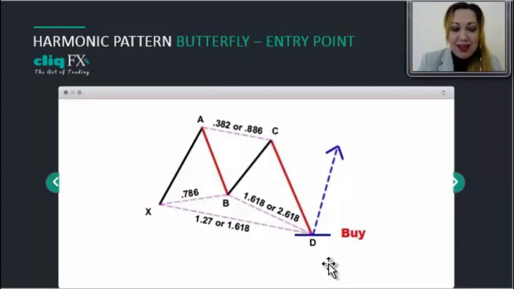And stop loss. Stop loss is recommended to be set below the Fibonacci level of 78.6 from XA, the main movement. Regarding take profit, the first target is point A, and then you continue to move on the Fibonacci levels, but to avoid losses and minimize your risk, I highly recommend you to use a trailing stop.